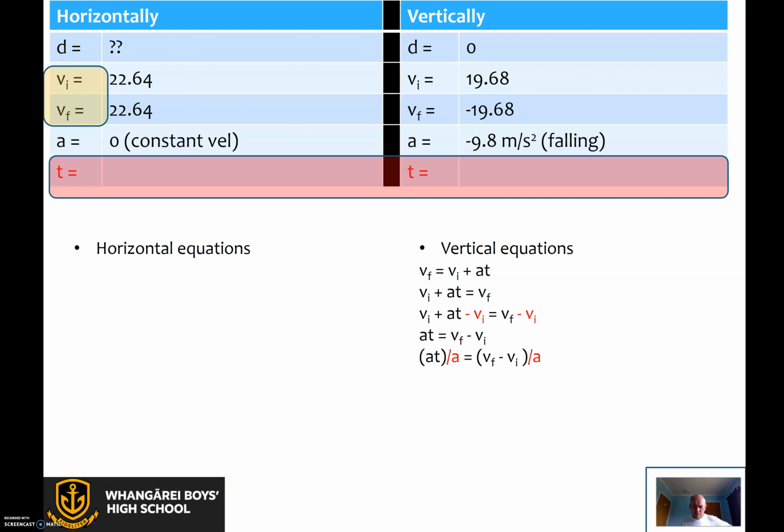And then we have the right-hand side, difference of the velocities divided by the acceleration. Gives us the time. T is that. Let's put some numbers in. Negative 19.68 is the final velocity, minus positive 19.68. Going to give us a big negative number divided by negative 9.8.